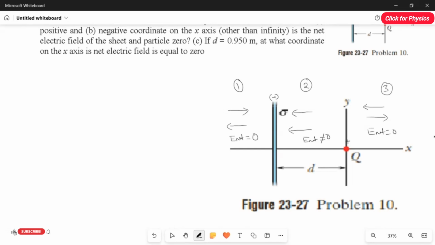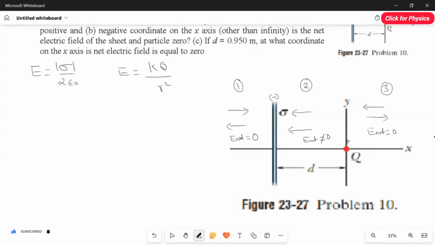Now we are going to apply the rule for the non-conducting sheet. The electric field due to the non-conducting sheet is equal to sigma over 2 epsilon naught, and since sigma is a negative charge distribution, we can take the magnitude value. Likewise, the electric field due to the point charge q is given by E equal to k q over r square.